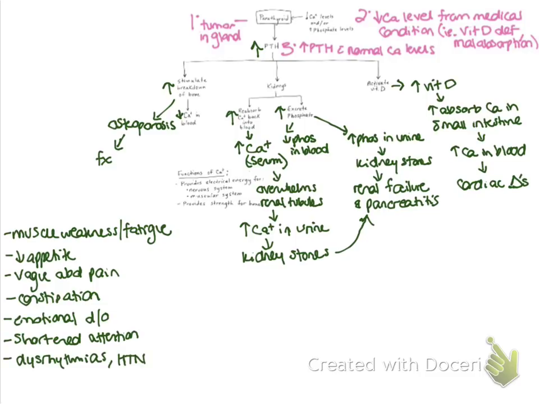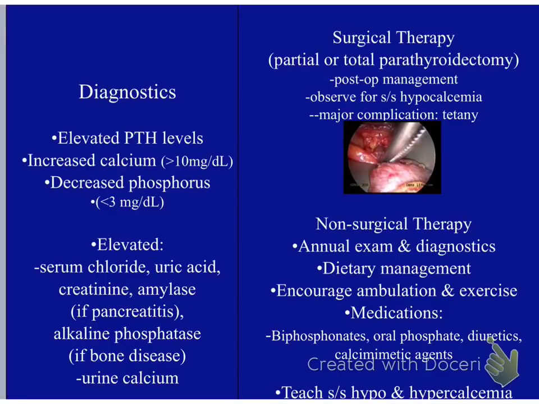And then because of these cardiac changes that we were talking about with the vitamin D, they get dysrhythmias and hypertension. They say it's bones, moans, and stones. So because of all the high calcium and phosphate, they're at high risk for kidney stones, in addition to the high calcium in the serum, in the blood.